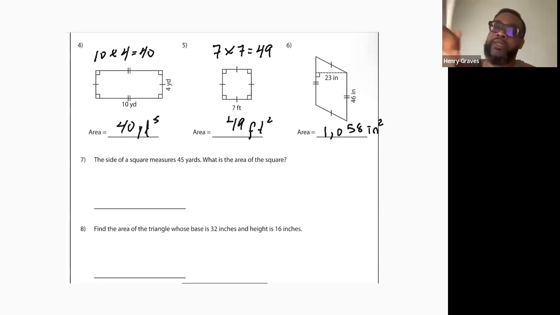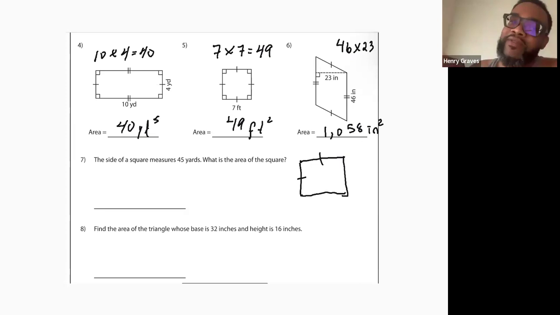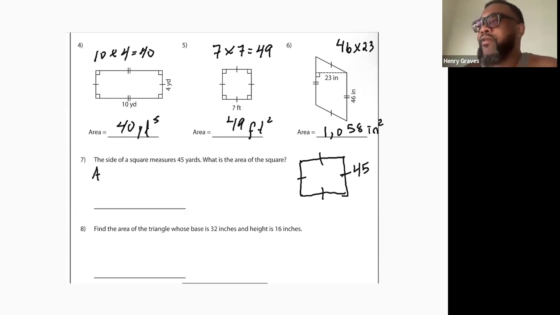Now, on number 7, they said, what is the area of the square? So let me actually draw number 7 now because I think it will help people to visualize it, right? I know this may not look like a square, but really it is. All the sides are equal to 45. So the area of a square, remember we said, was s to the second power, and in this case our s is equal to 45.